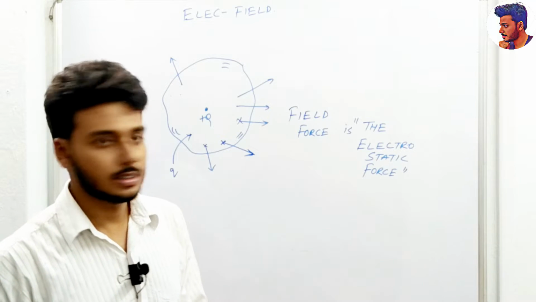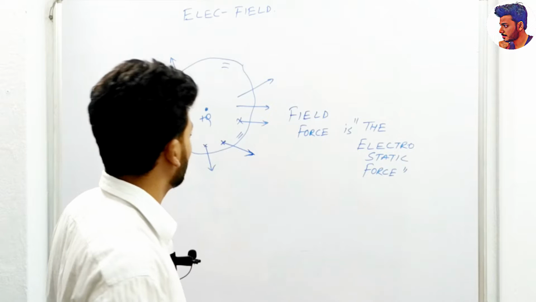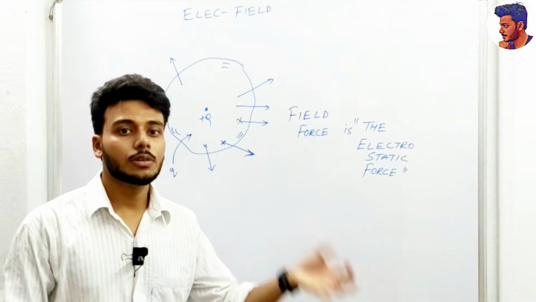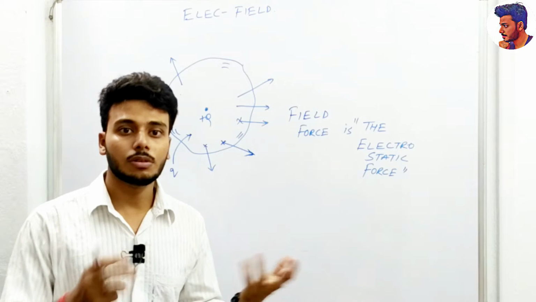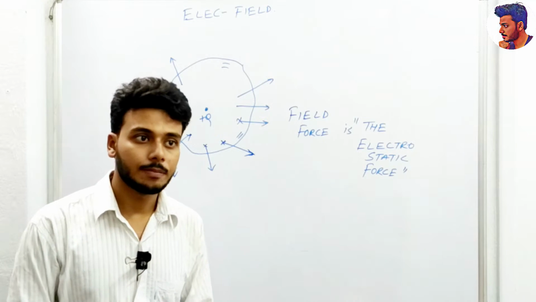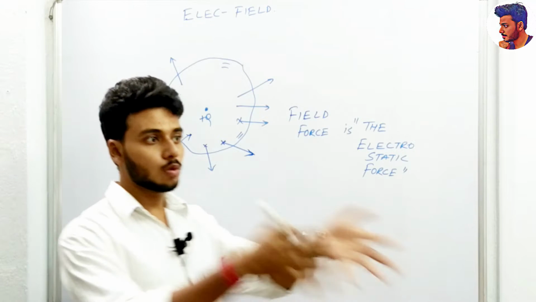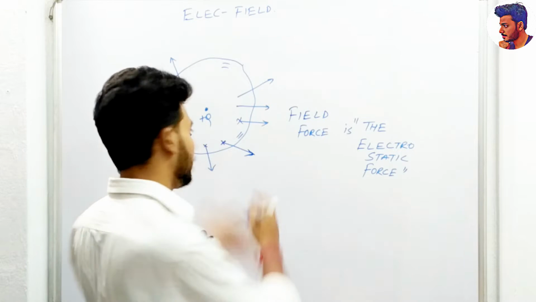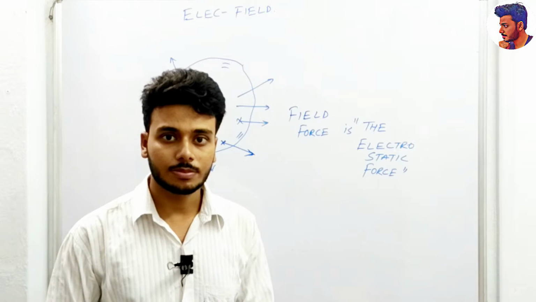We can easily conclude that at every point there are different values of forces acting. So my question is, how can we determine at which point we will feel less force and at which point we will feel more force? Are you getting me? Which point will I experience more force and which point less force inside an electric field? How can I determine that?